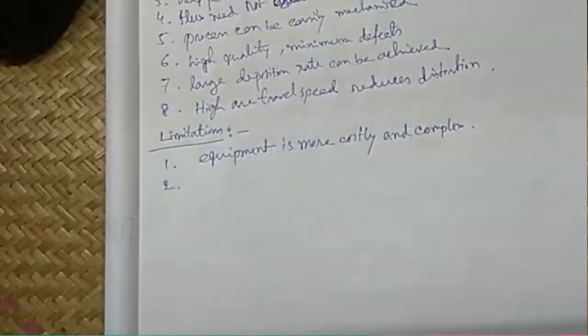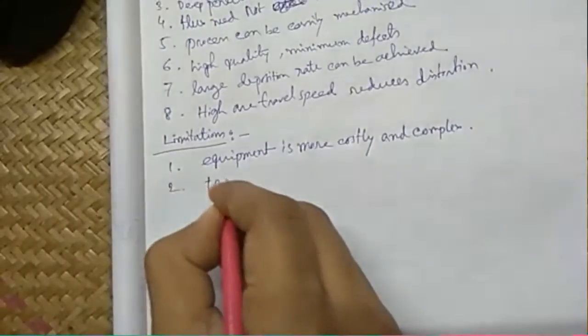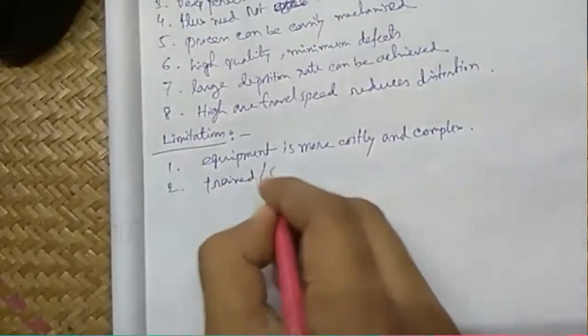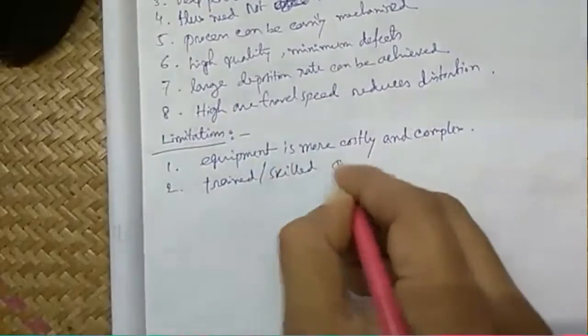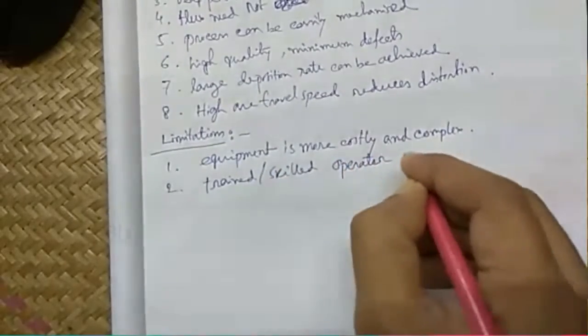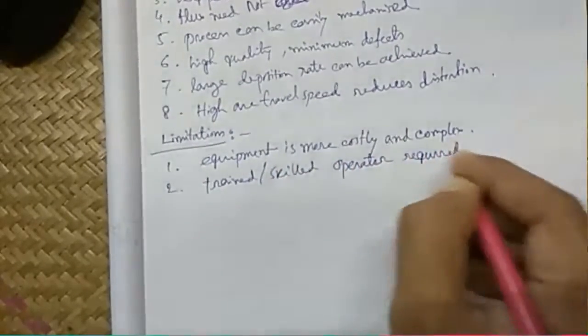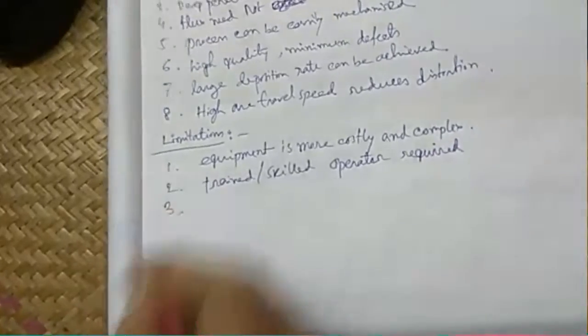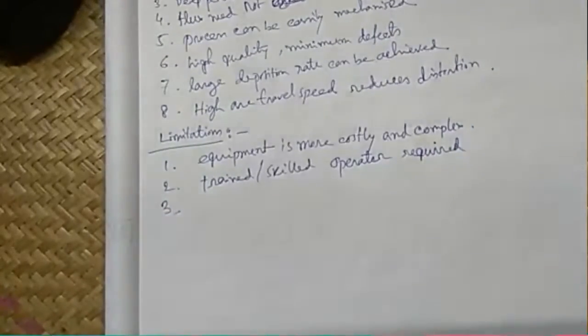Number two, a trained or skilled operator is required, because before the welding starts we need to set the wire feed rate, we need to set the gas flow rate and we need to provide a proper gas pressure. So that's why a skilled, experienced operator is required.